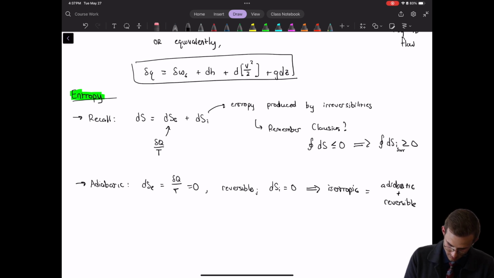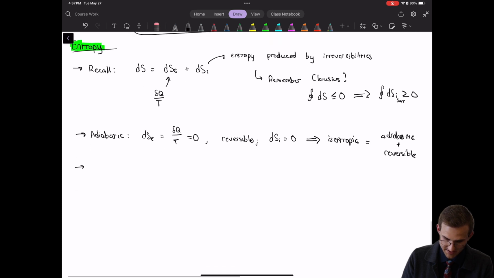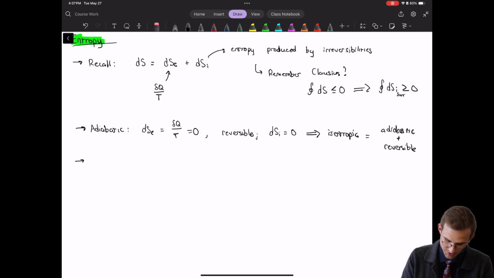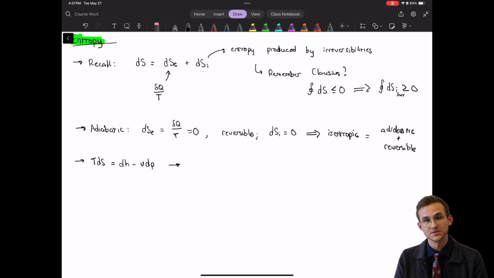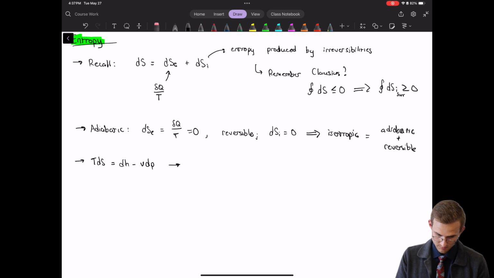So let's take a step back to that fundamental thermodynamic property relation where we had T dS is equal to dH minus V dP. We derived that in the last lecture. We can split up the reversible and irreversible part of the entropy, and get the following, where we have T dSe.